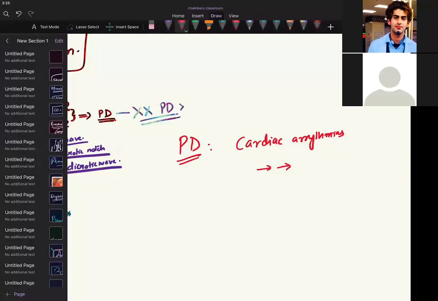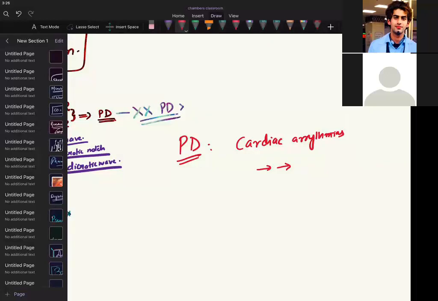Suddenly an impulse got generated other than the SA node. The SA node should generate the impulse, but some atrial tissue suddenly fired impulses. That is leading to the arrhythmia.